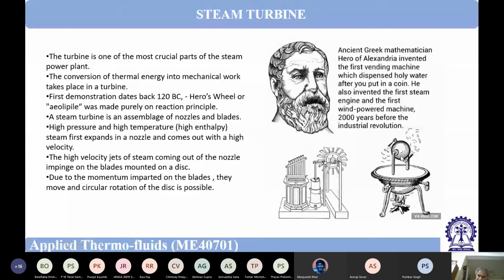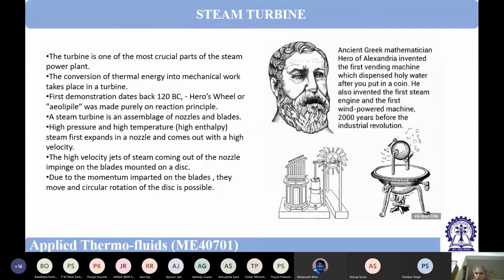If the steam comes out in this direction as a very high velocity jet, then according to Newton's third law, the reaction will make the nozzle move in the backward direction, and it will rotate because it is not free to have a linear motion. So this was the principle, and obviously this principle is just a demonstration.